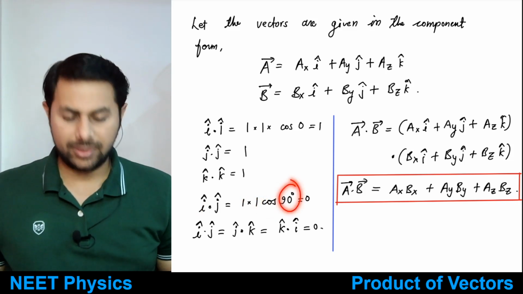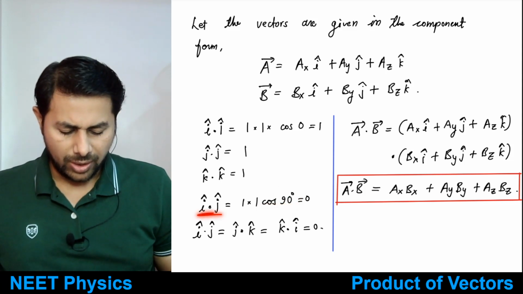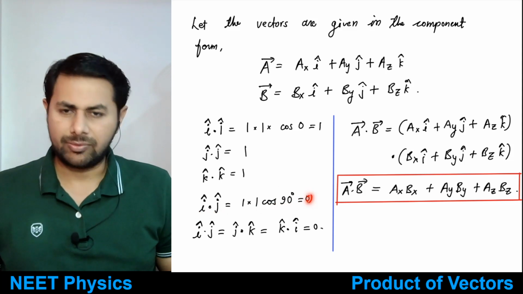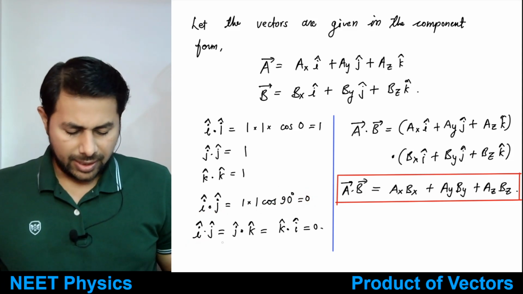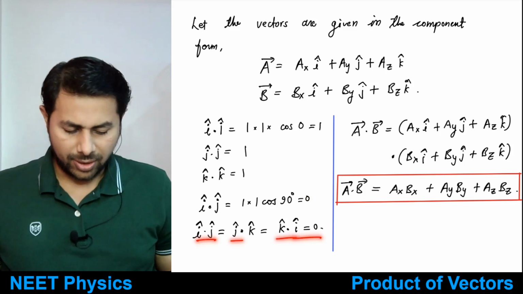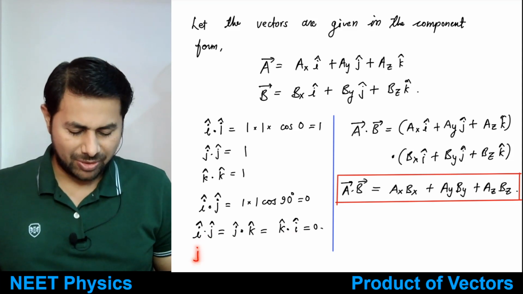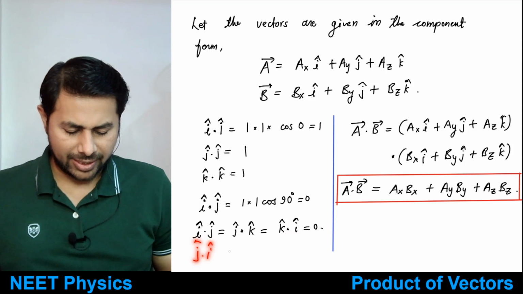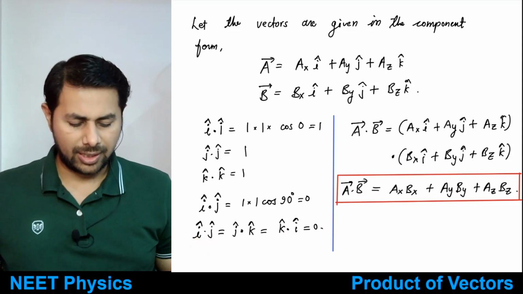It's 90 degrees and cos of 90 we know is equal to 0, and therefore I cap dot J cap is equal to 0. Similarly, J cap dot K cap, K cap dot I cap, it's all equal to 0. And in reverse order also, if you take J cap dot I cap, that will also be equal to 0, right?